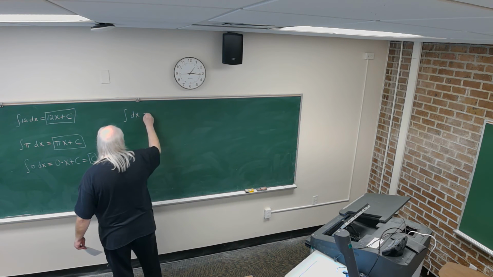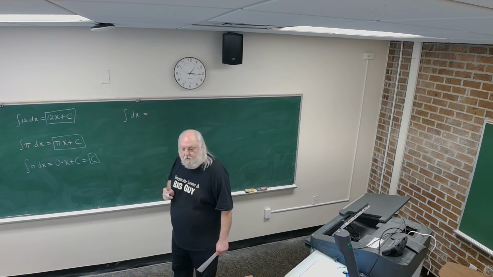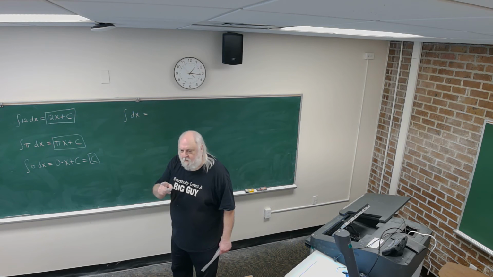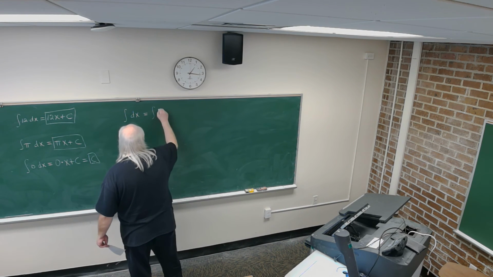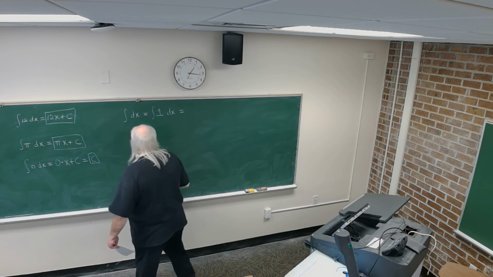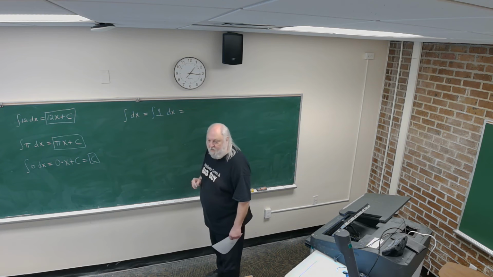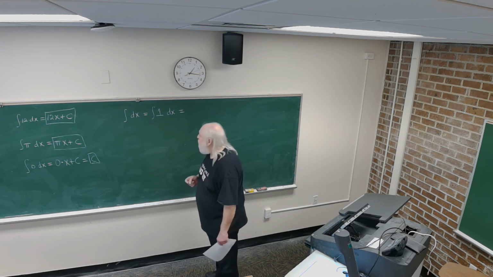Antiderivative dx. Zero. X plus c. Who said that? She said it first. Yep, x plus c. Because there's the invisible 1 in front of the dx. If there's nothing there, it's the invisible 1.